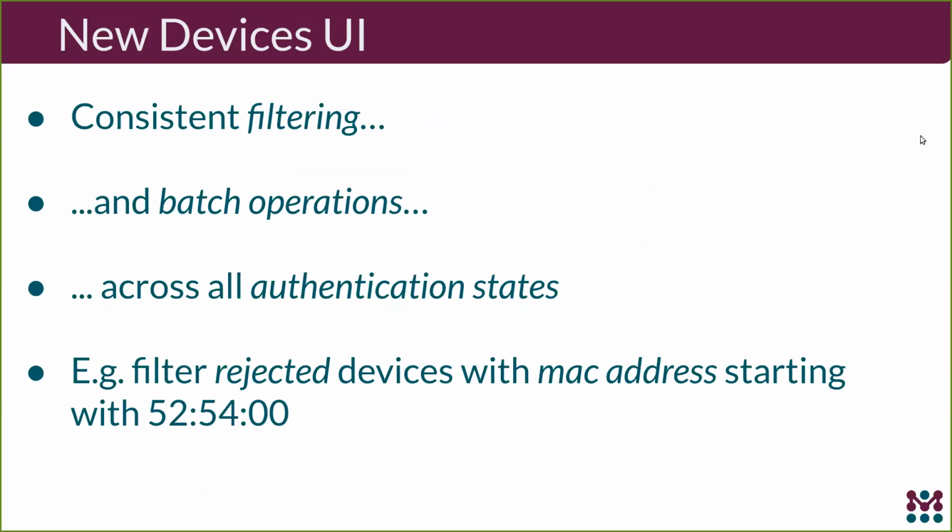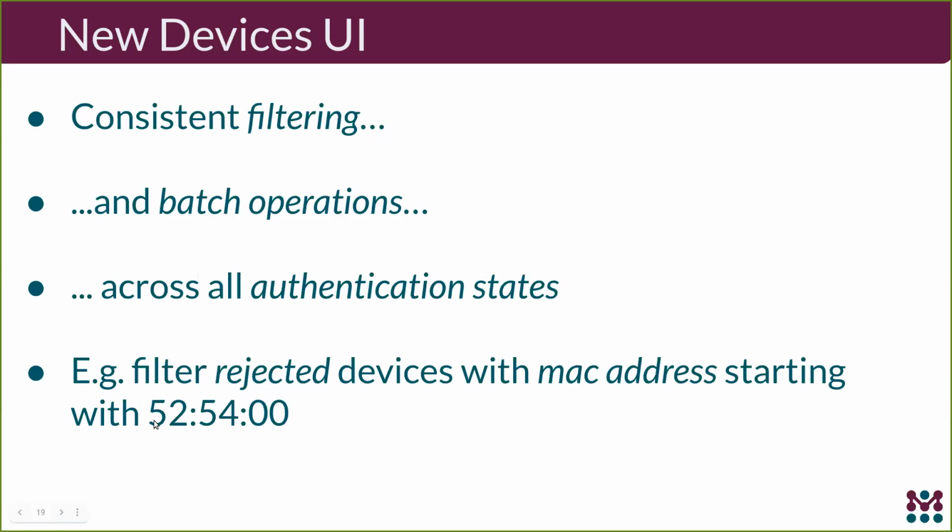The last feature I wanted to cover in 3.0 was a new UI that we have for devices, also based on a lot of input from you, probably many of you on this call. So we're now giving consistent filtering across authentication states and batch operations when you select devices.